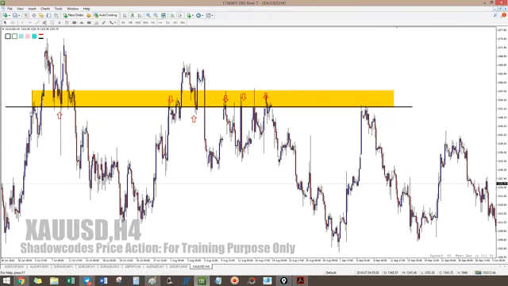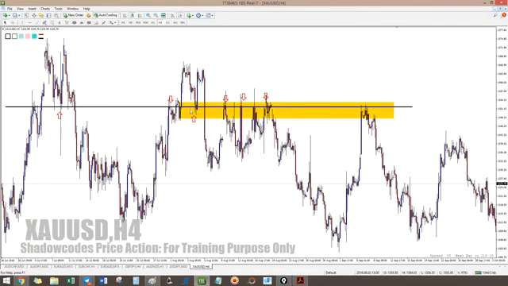Or you can take this whole shadow until up here. Or you can take the places where there is a body that is breaking this level that you already drew. You can take the place where there is a body.